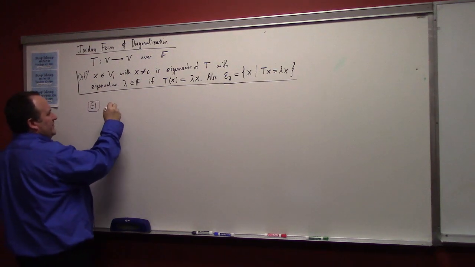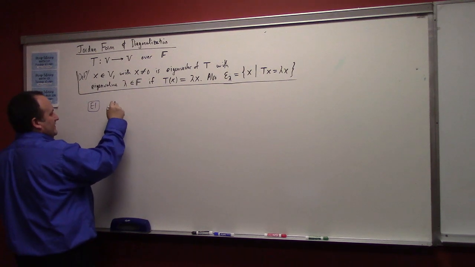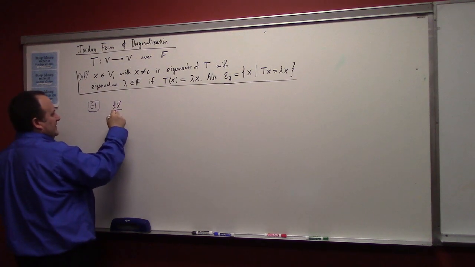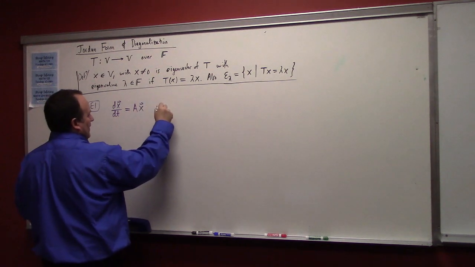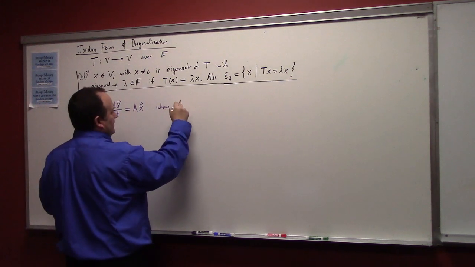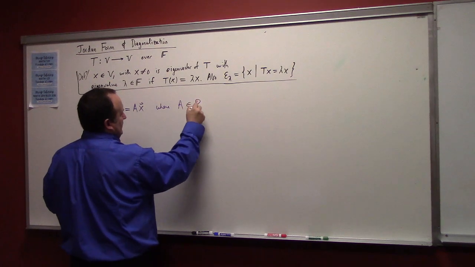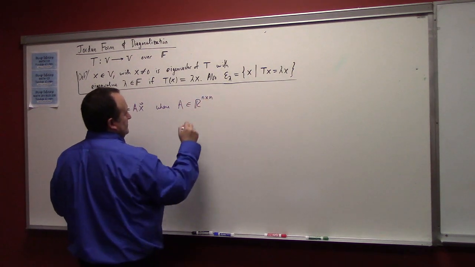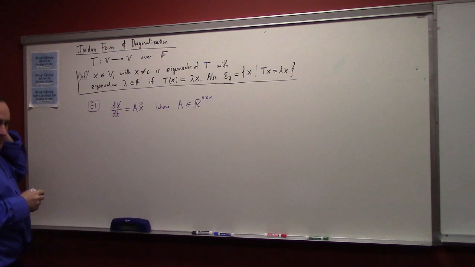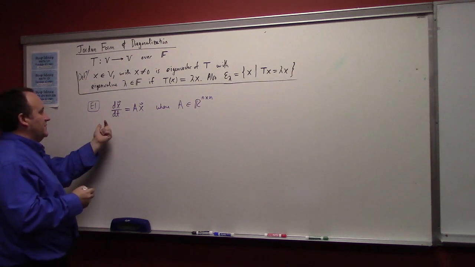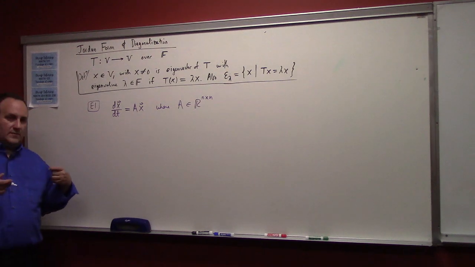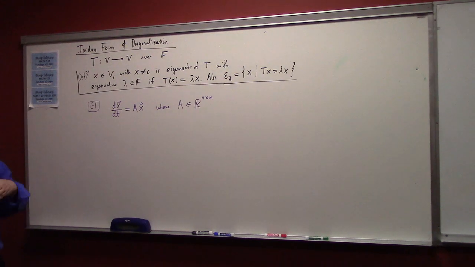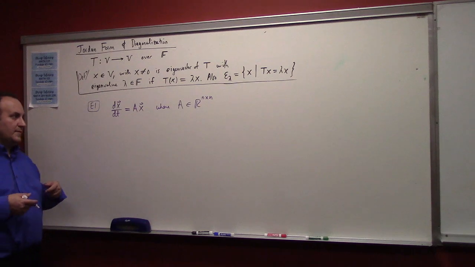So a system of differential equations, we could write like this: dx/dt equals Ax, where A is, let's say, an R^(n by n). The goal of this is to solve for x, which is a vector of functions of time, like x1, x2, and so on.